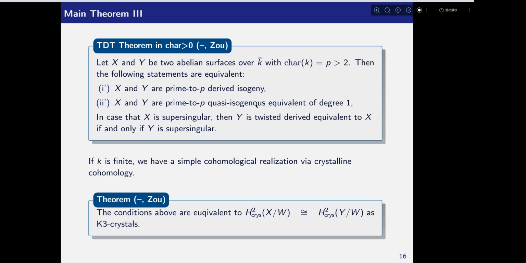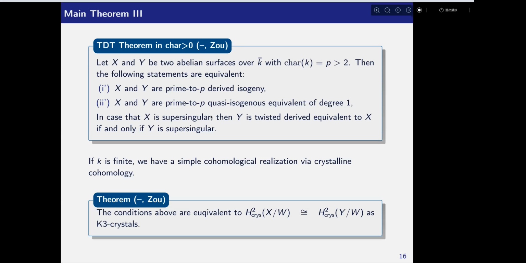One can see from here that in the isogeny class of X, not everyone is a twisted Fourier-Mukai partner. Only if there exists a degree 1 quasi-isogeny will there be some twisted Fourier-Mukai partners. Here I also add the natural condition prime to p, because this is in characteristic p.